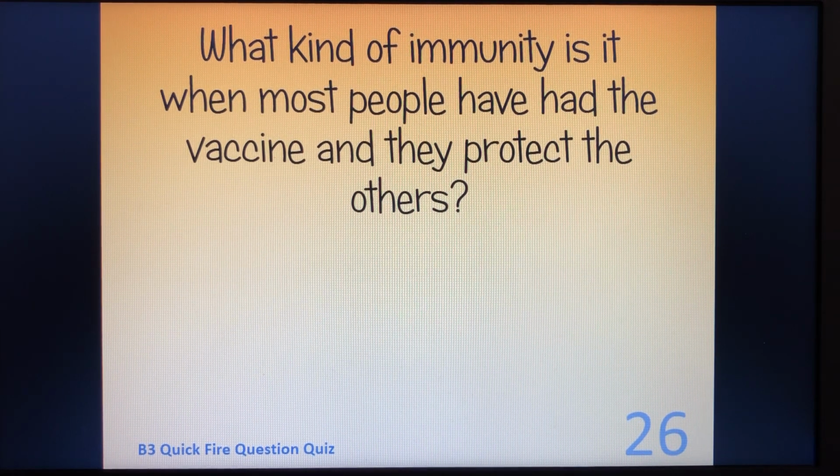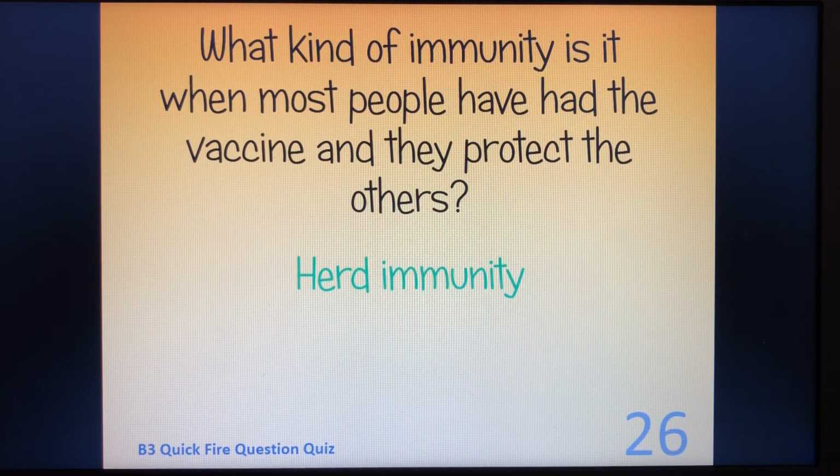What kind of immunity is that? And the answer is herd immunity. Okay, we've heard a lot about that in recent times, people saying that if people get infected, then they'll become immune, and then there'll be lots of herd immunity and it'll protect other people, but not enough people have been infected that we have that in our current situation.